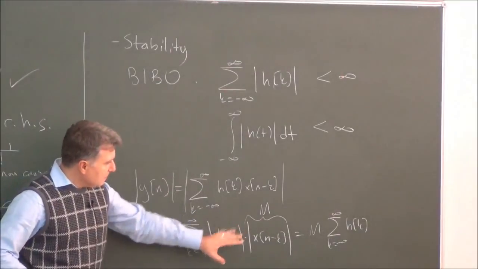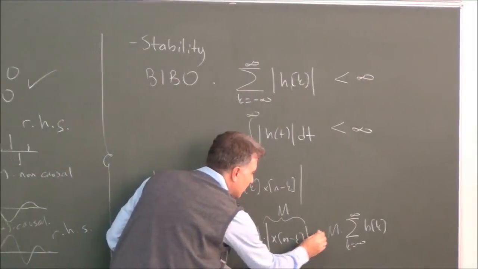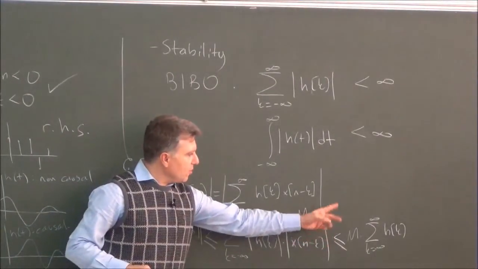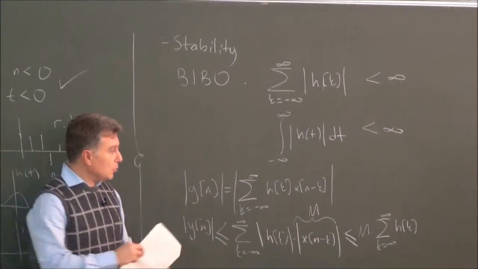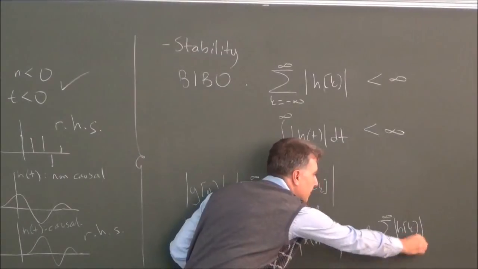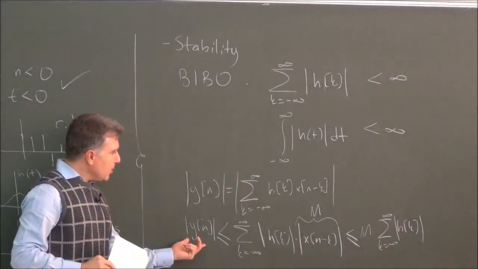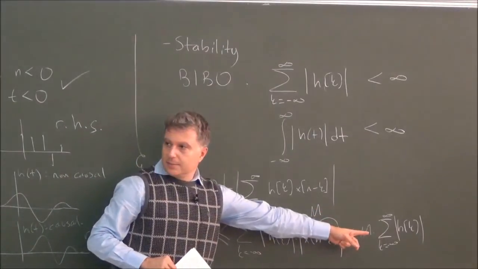So this thing is less than or equal to m times the summation of |h[k]| in absolute value, of course. Which means that |y[n]| is less than or equal to this.